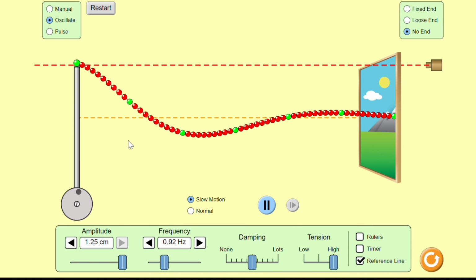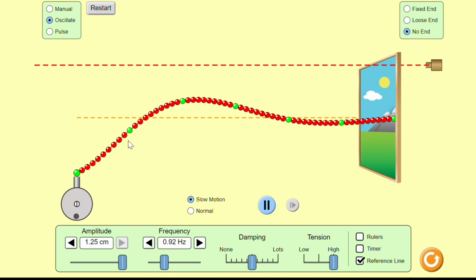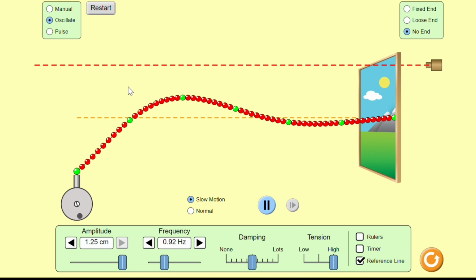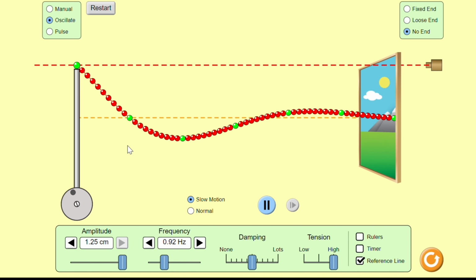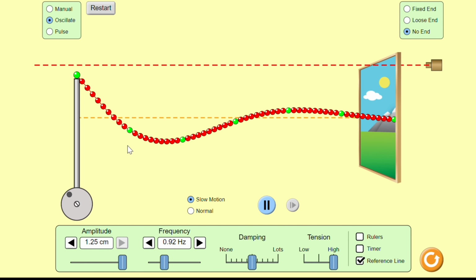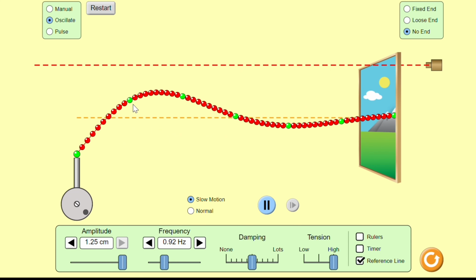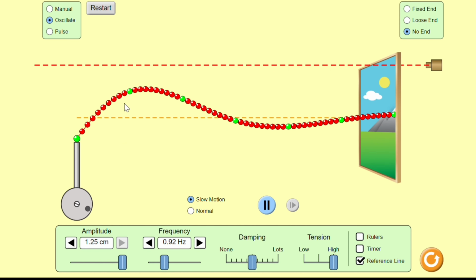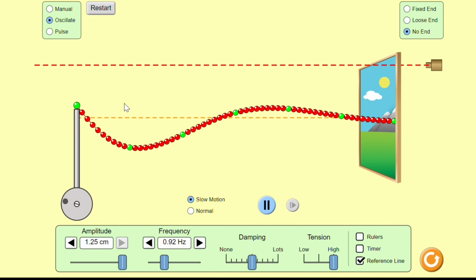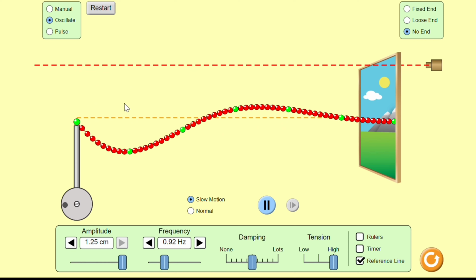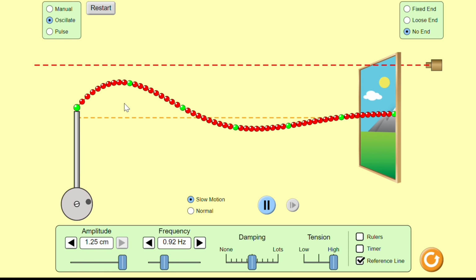Even though the wave is going to the right, the particles themselves are not going to the right. They're only going up and down. And the wave, the disturbance, is just passing through the particles. And that makes the particles go up and down, as you can clearly see here. So now, not only have we defined a transverse wave, we actually know what it means.